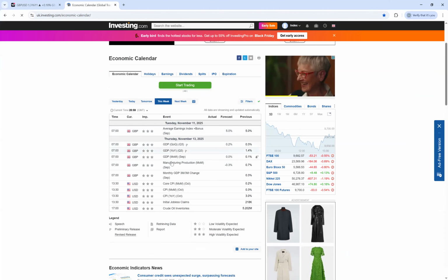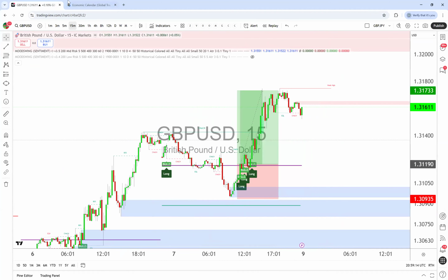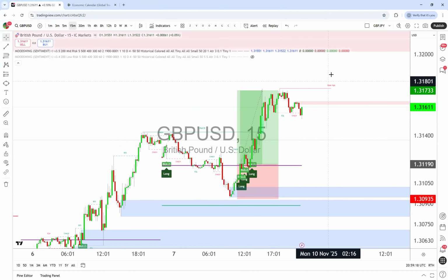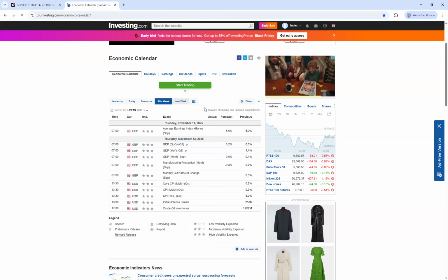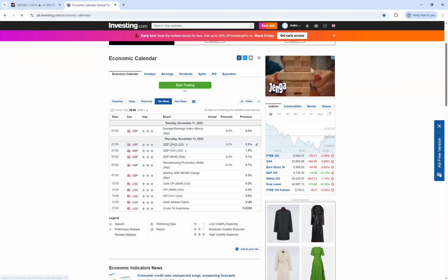That's next week, Thursday. So would the price reverse right now? Probably not. It might reverse on this news. I'm still looking for a continuation bias to the upside, but we will see. But at least we know the GDP news is coming up for the pound next week. That's going to be big.